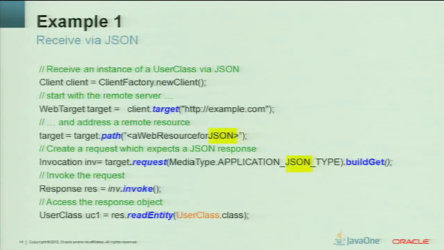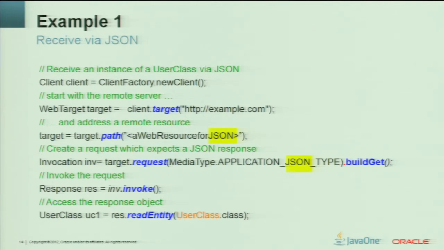Then we create a request, and we tell the request that we want to get the JSON type. So media type is also defined by JAX-RS. And we are building a GET.